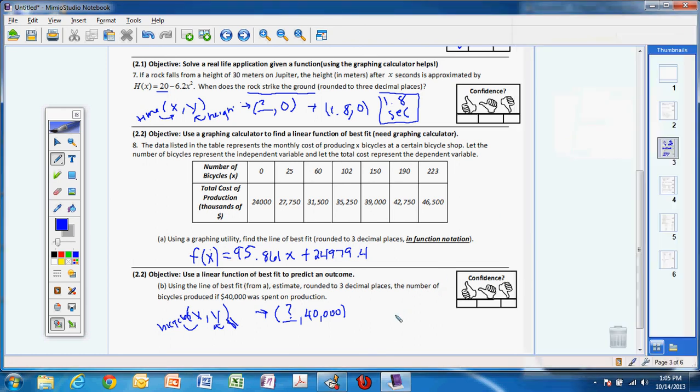Going back to my graph, I'm saying this is 150. When I produce 157, I can expect to spend $40,000. So the number of bicycles produced is going to be 157. So that's it for page 2. Stay tuned for page 3.